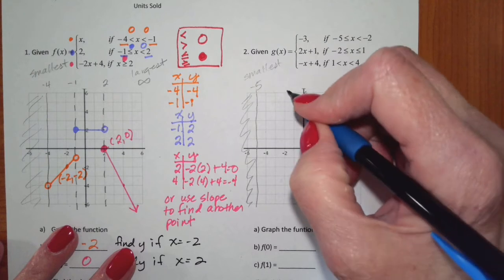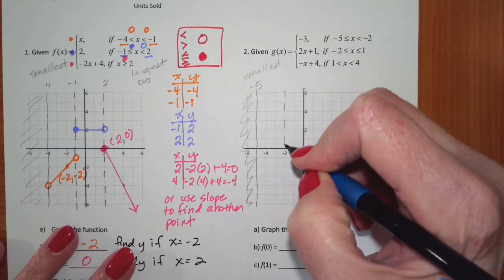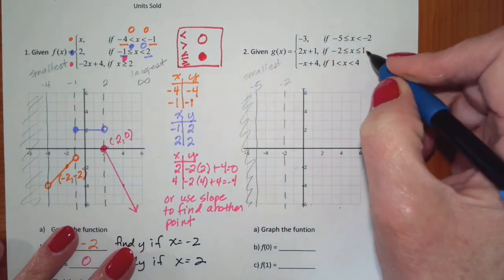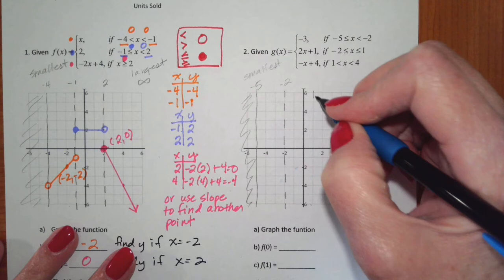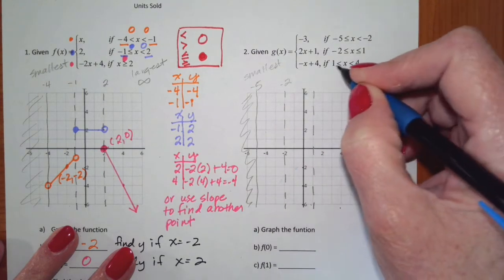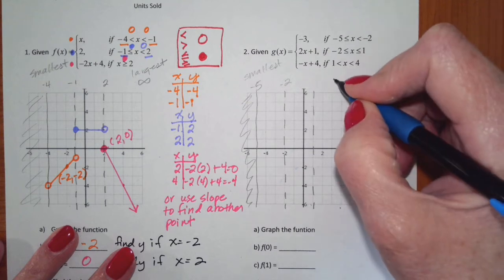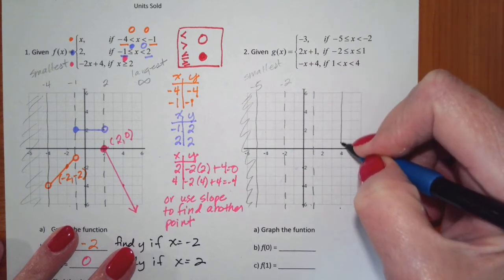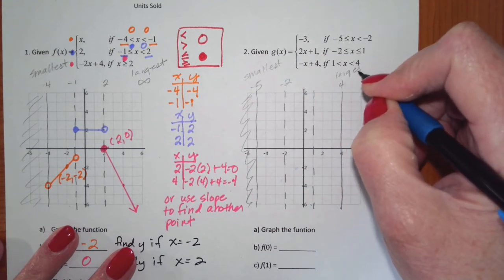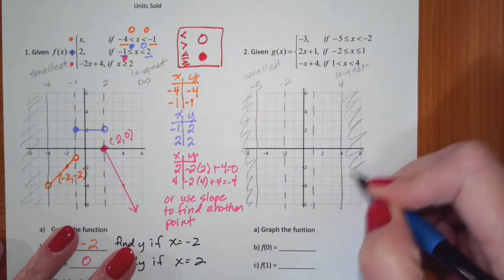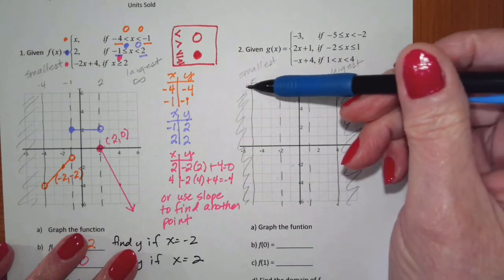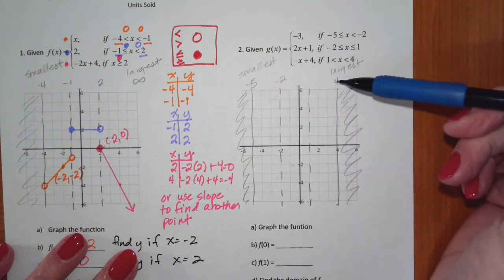Then I have a break at negative 2 where the function changes definition. And then I have a break at 1. And then I have a maximum, so my largest value is going to be 4. So my function is going to cover every value of x between -5 and 4.